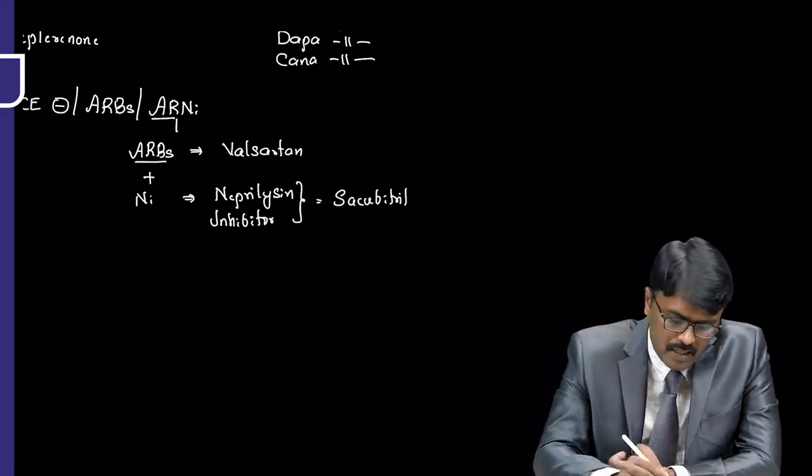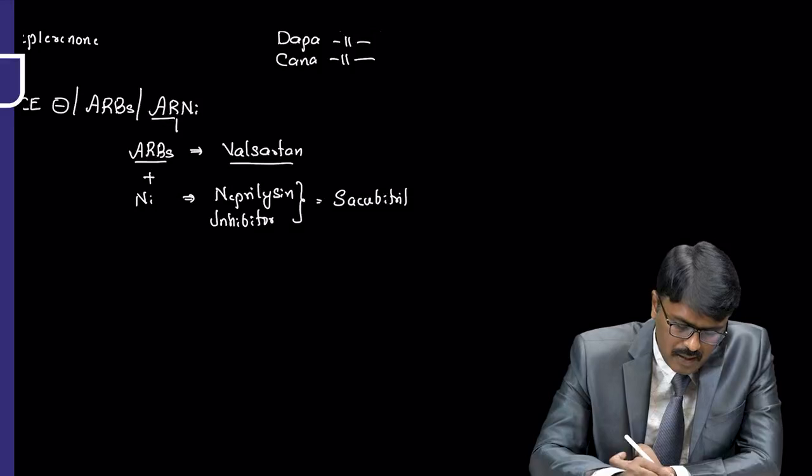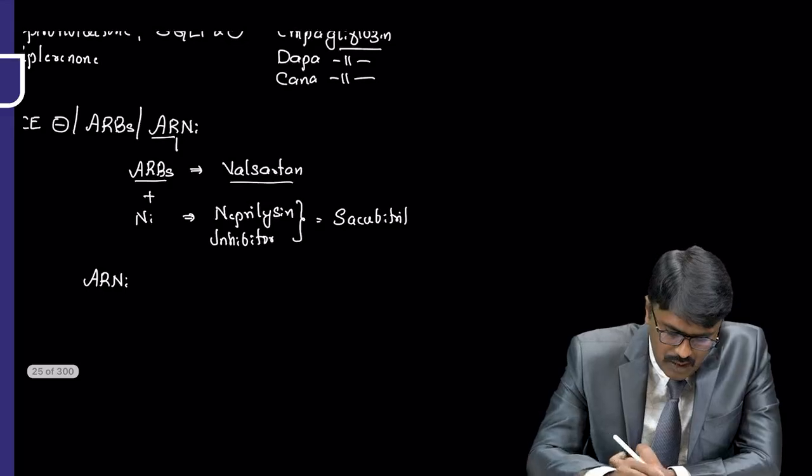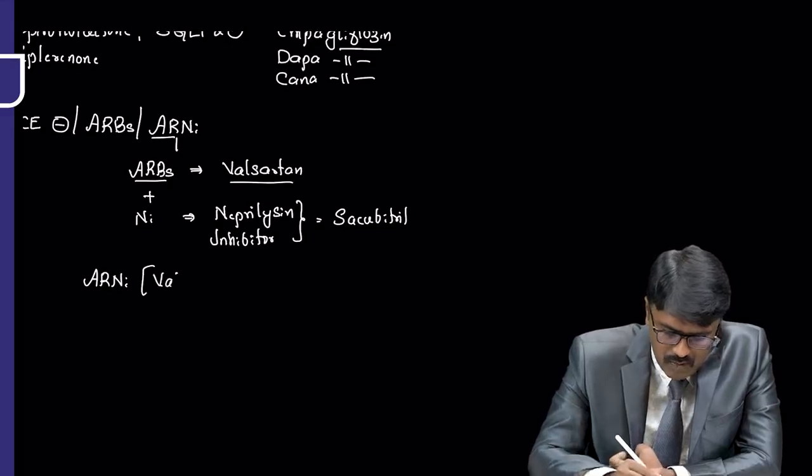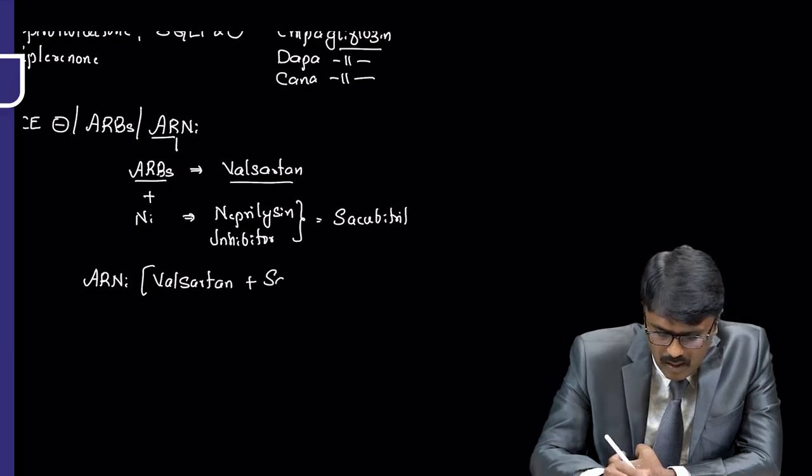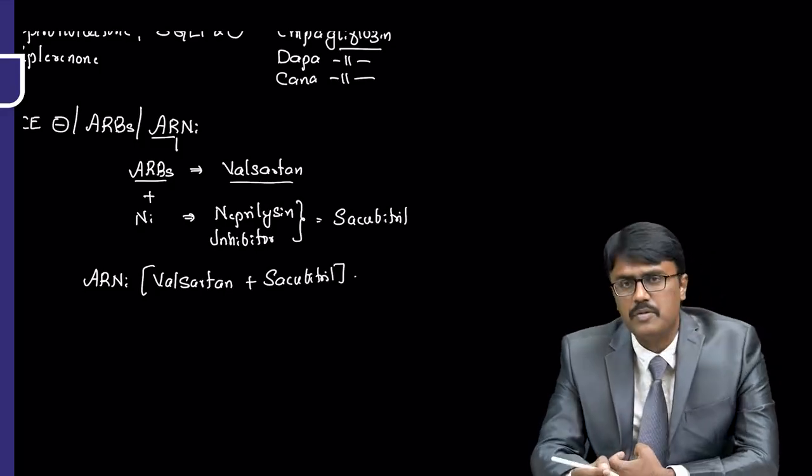So we have valsartan plus sacubitril, and the combination is called ARNI. So ARNI is a combination of valsartan plus sacubitril. So what is the role of sacubitril? We'll discuss in the next slide.